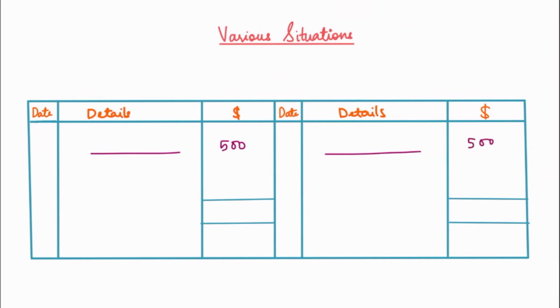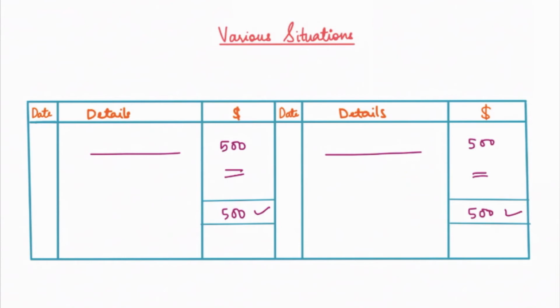Now if you see, the amount is equal on both sides, therefore 500 and 500. In this case, as there is only one entry on each side and they are equal, there will be no balance to carry down. So there will be no balancing figure as such.